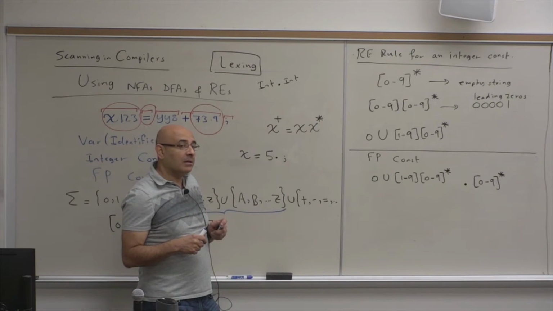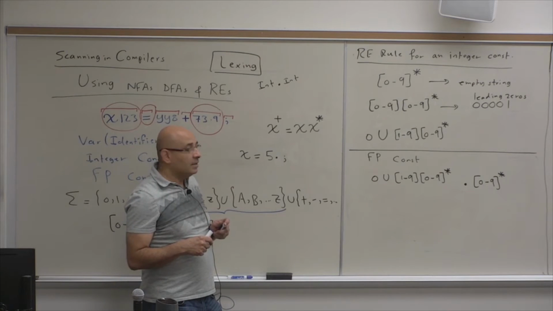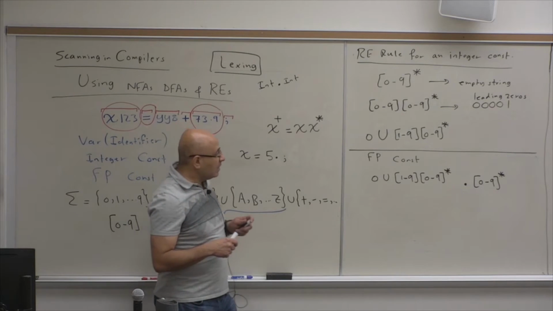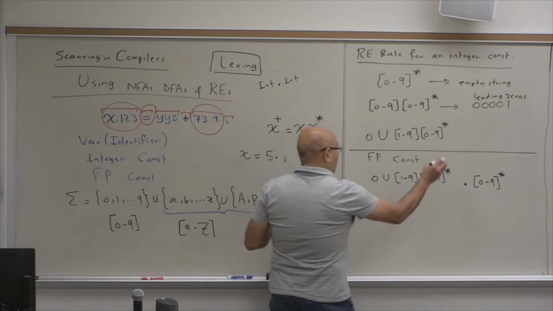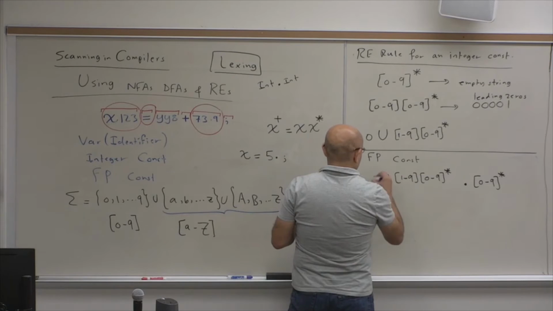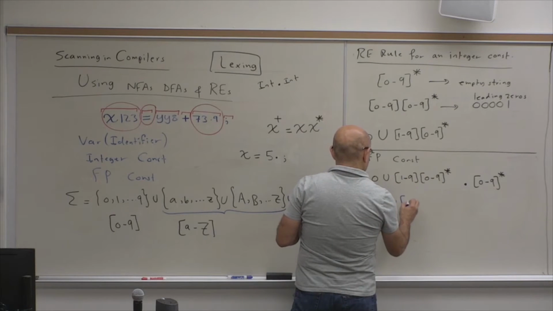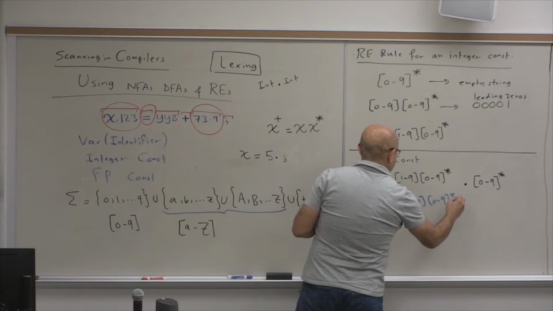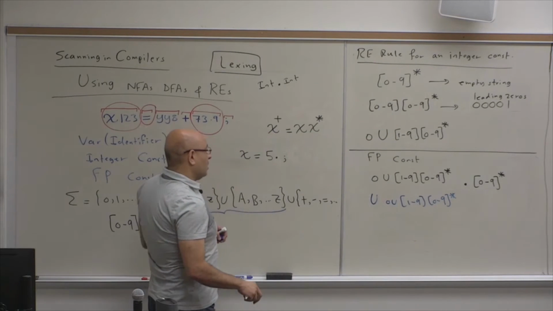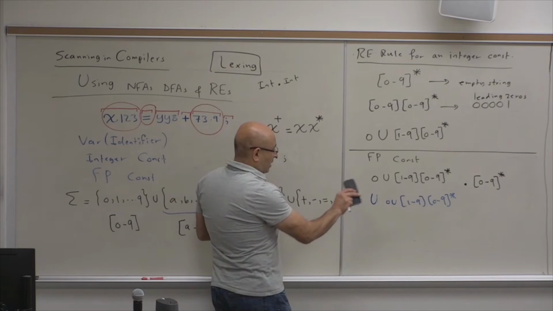Well, you could add another union that just has the 1 through 9 and the 0 through 9 star. Okay, yeah. So you can do another union of this whole thing with this 0 union 1 through 9, 0 through 9 star.